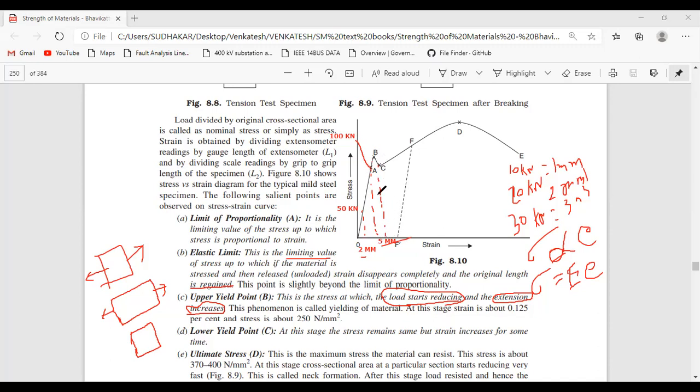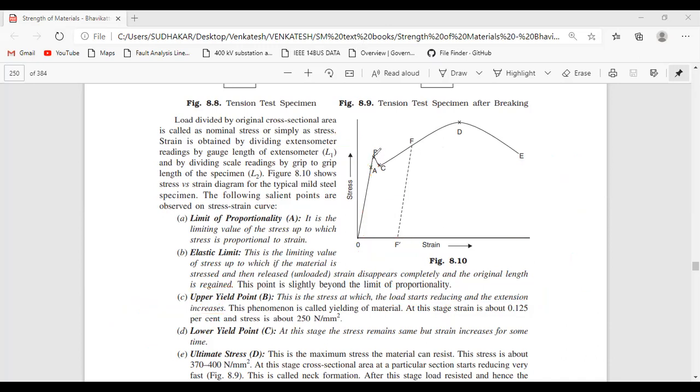So even with reducing loading, it may lead to some deformation. Some strain has developed within the body.